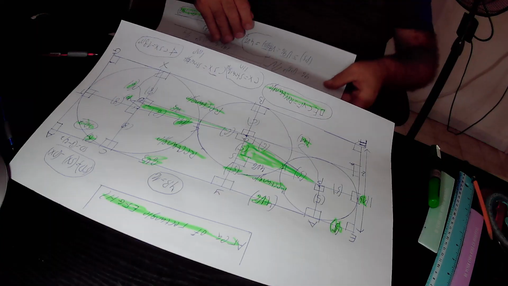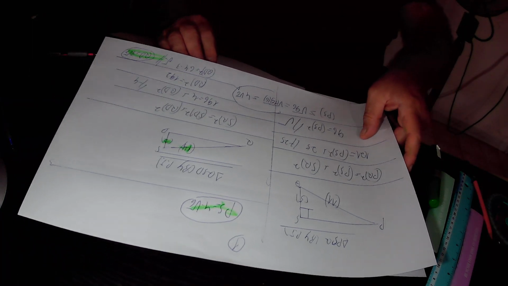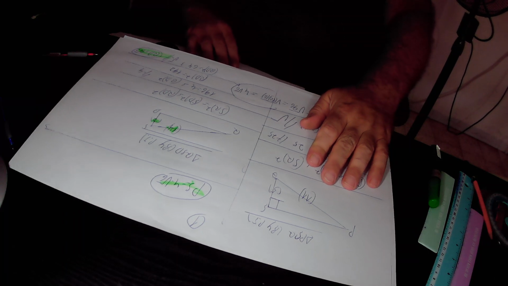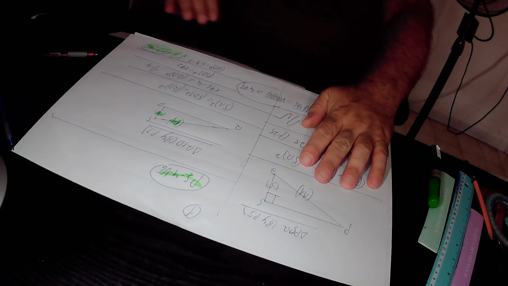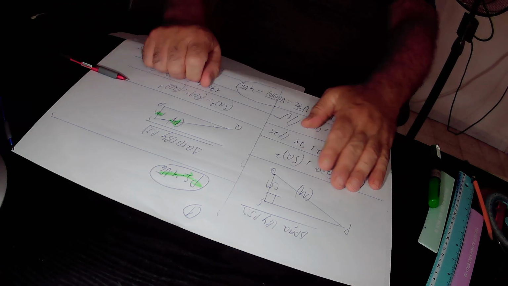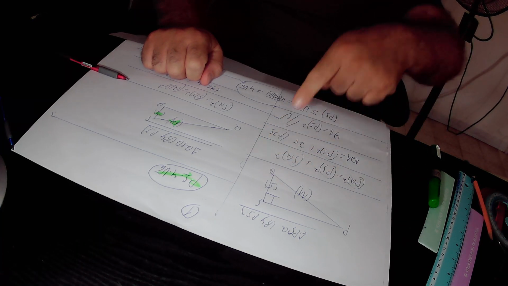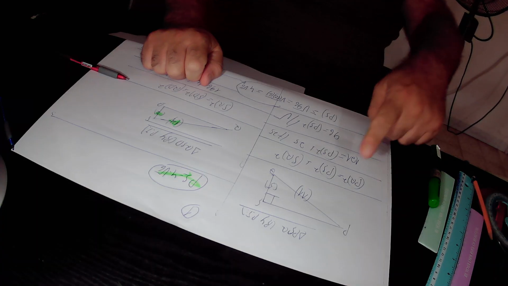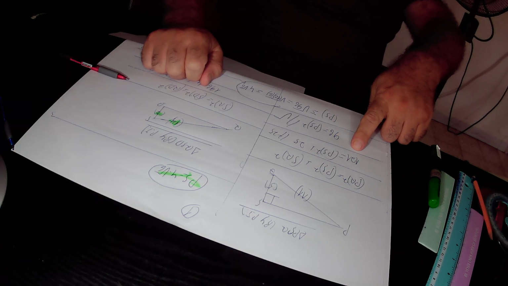According to the Pythagoras theorem, in a right triangle, the square of the hypotenuse equals the sum of the squares of the perpendiculars. In this green right triangle PSQ, PQ squared, the square of the hypotenuse, equals PS squared plus SQ squared. PQ is 11, therefore PQ squared is 11 squared, that is 121.